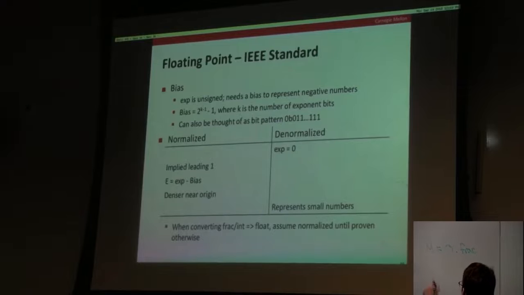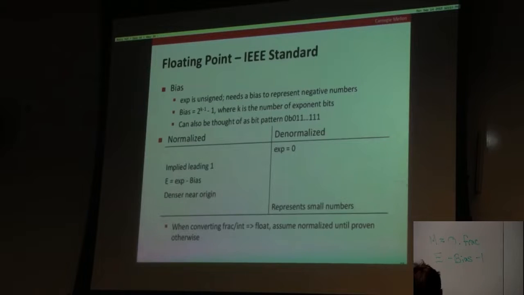And the exponent is going to be negative bias plus 1. And then we're going to have the same formula here to actually calculate the value of the number. So now we can actually represent 0, because we have a number that would be all zeros, and that's going to be 0.